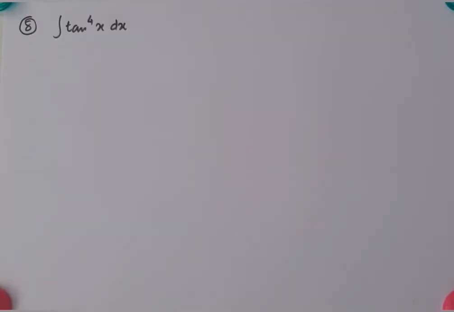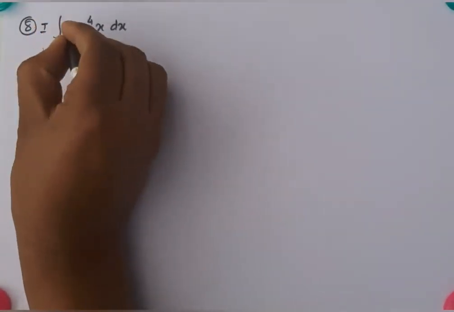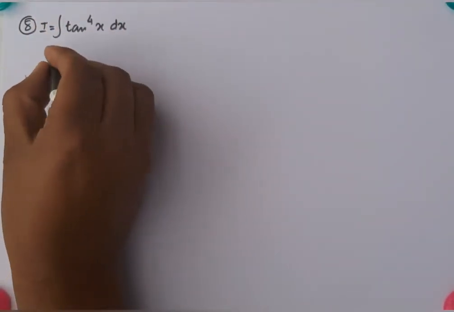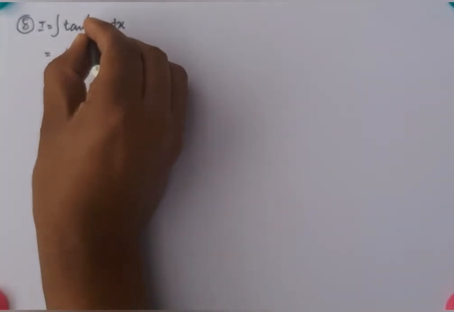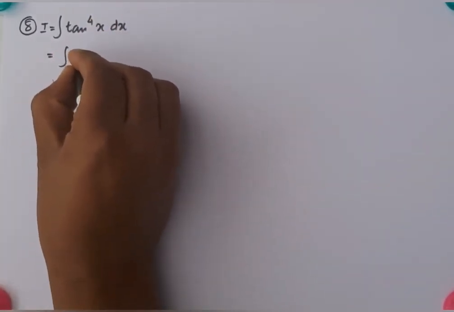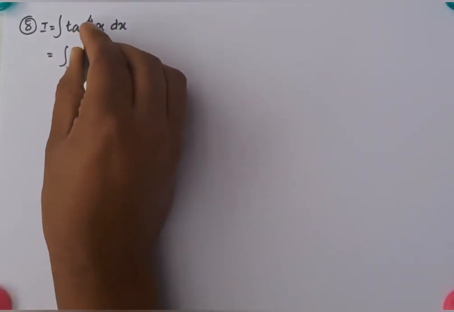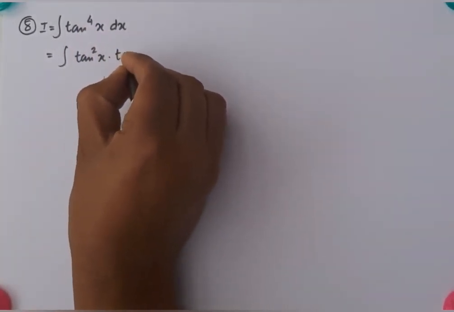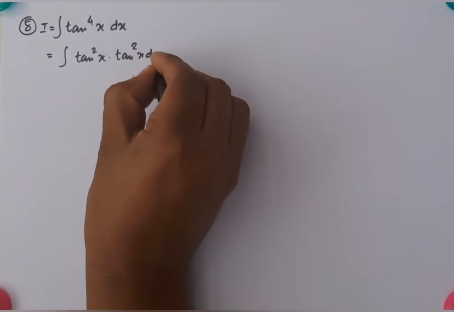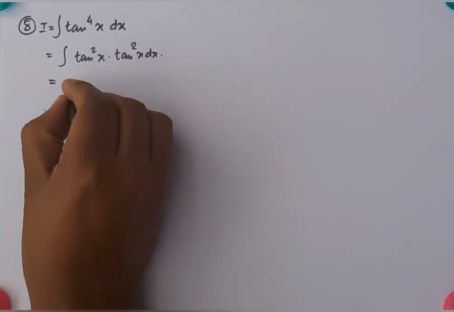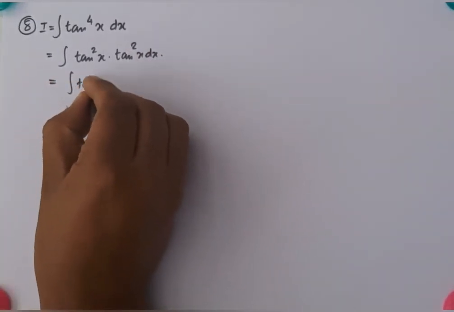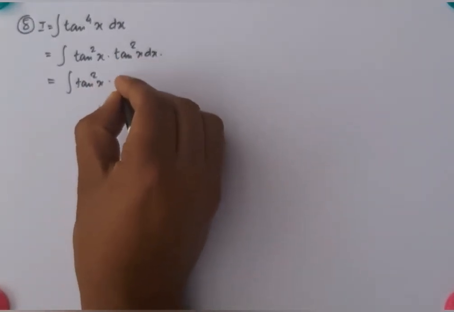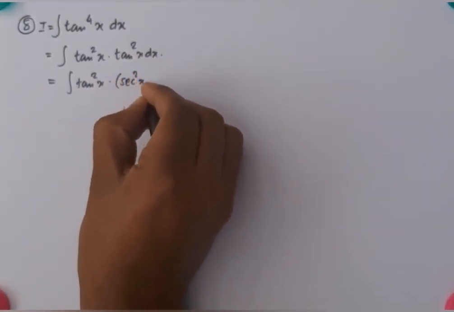If you have understood the rule, let's see this problem. So we have this one. The rule says this is your n, so write this as tan to the power n minus 2, that is 4 minus 2 is 2, into tan square x dx. Now tan square x can be written as sec square x minus 1.